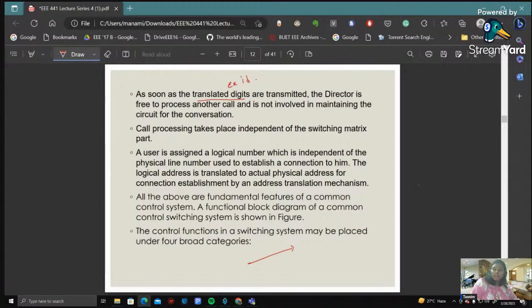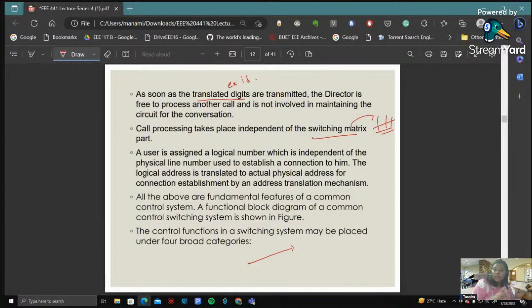The director subsystem, from the Strowger switching, is not involved in maintaining the circuit for the conversation. Call processing takes place independent of the switching matrix part.